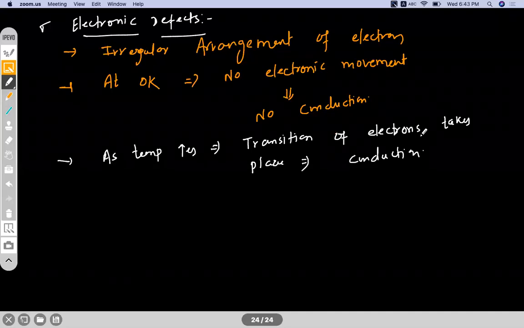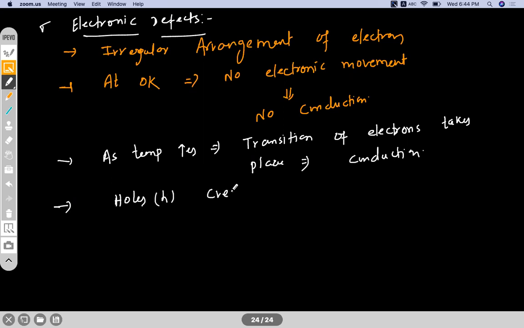So when the electron leaves its original site or original position, it creates a hole at its original position, right? So write down, due to the movement of electrons, holes are created, and holes are represented by a small h here.